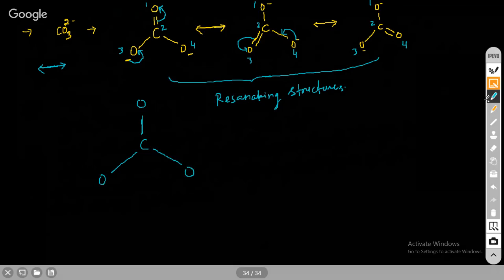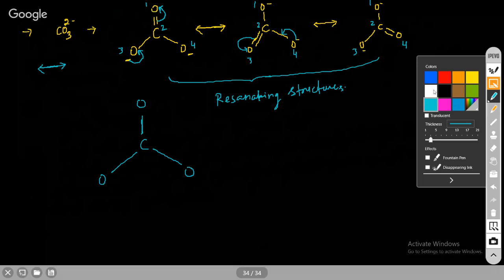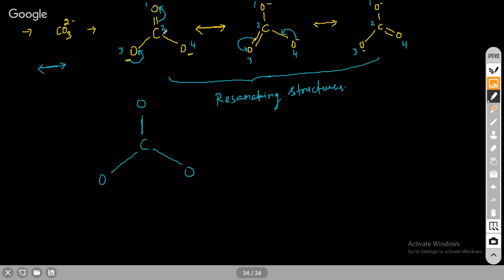Now you see here one thing, that in the first compound, we have a double bond between this oxygen and this carbon. Let me write down the numbers here: 1, 2, 3, and 4. So here we have a double bond, and in all these molecules we have a single bond. Between C2 and oxygen O3, we have single bond in the first, double bond in the second, and single bond in the last.